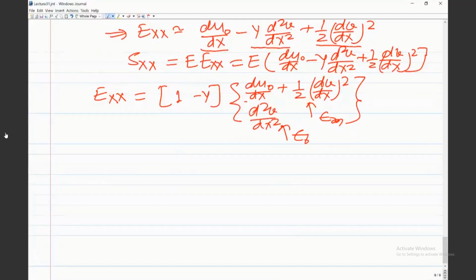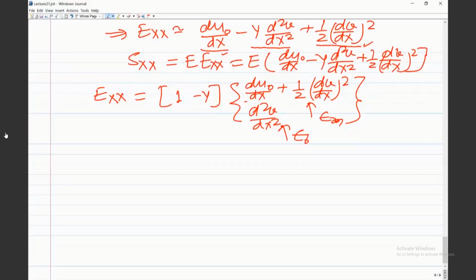That is referred to as bending strain, and the one which is independent of y is referred to as membrane strain. So membrane means uniform, independent of the y coordinate, and bending means it depends on the y coordinate. Along the y direction there is a linear variation of strain.